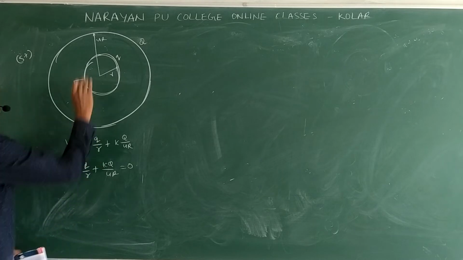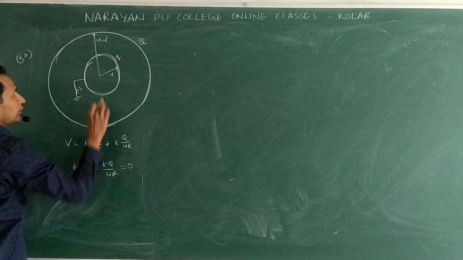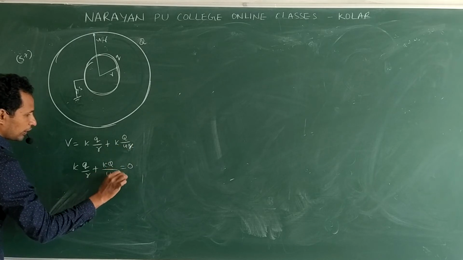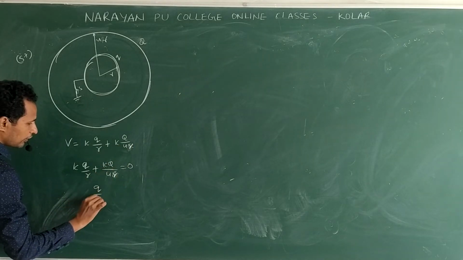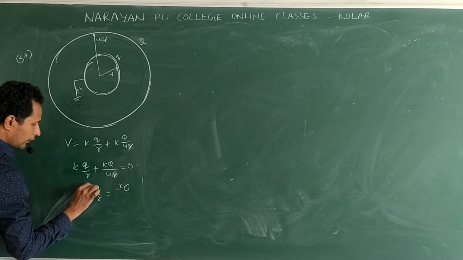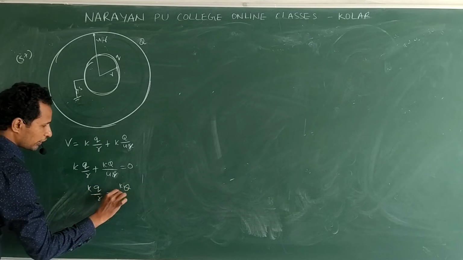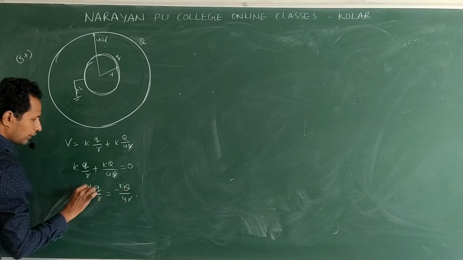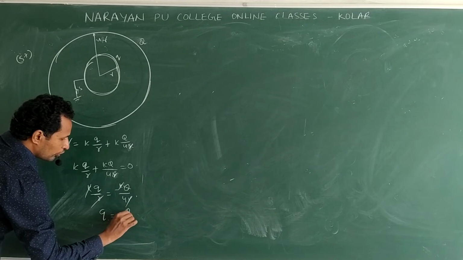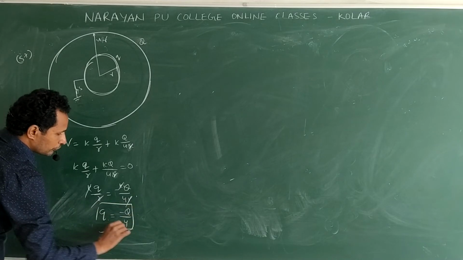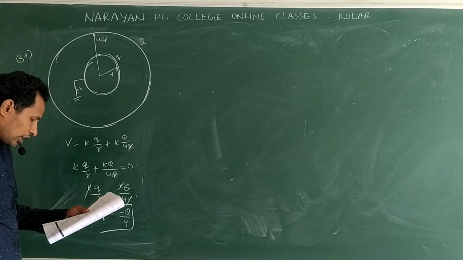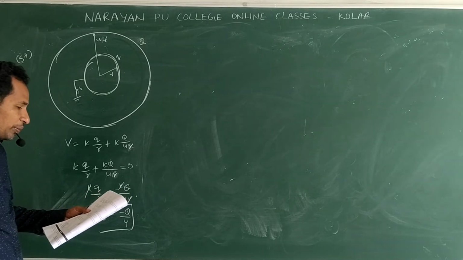Capital R, smaller. So then Q by R is equal to minus KQ by 4R. K, K cancel, capital Q cancel, small q is equal to minus Q by 4. Clear? So magnitude, not mentioned in the options, I mean sign not mentioned.